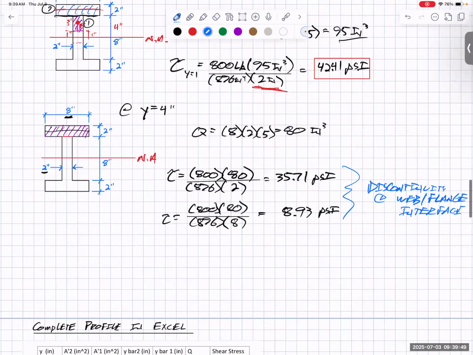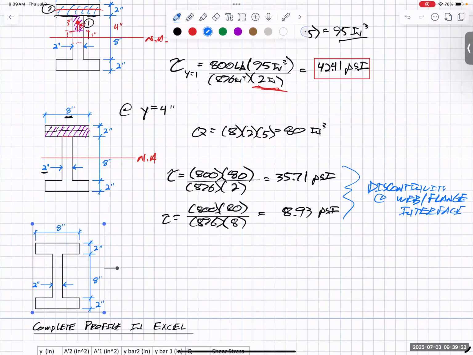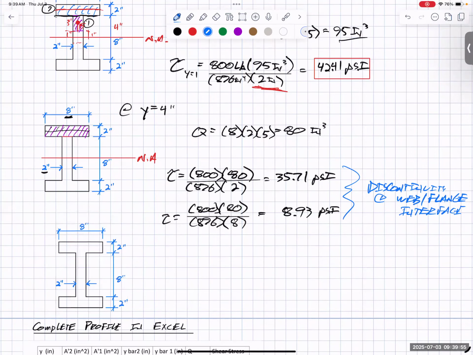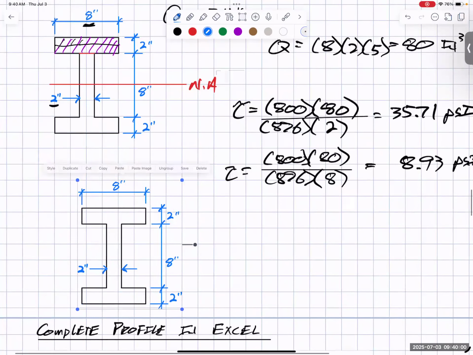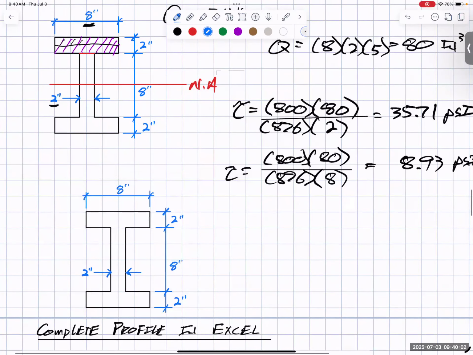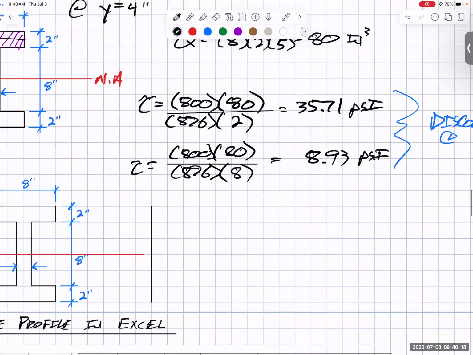Meaning, if I were to repeat for the rest of the profile, I did it in Excel, which I'll show in just a little bit, just to get even more exact. But let me draw my neutral axis right here. If I were to repeat it, what would be my overall shape? I'm going to draw a little reference line here. We know some values here, right? We know the maximum.